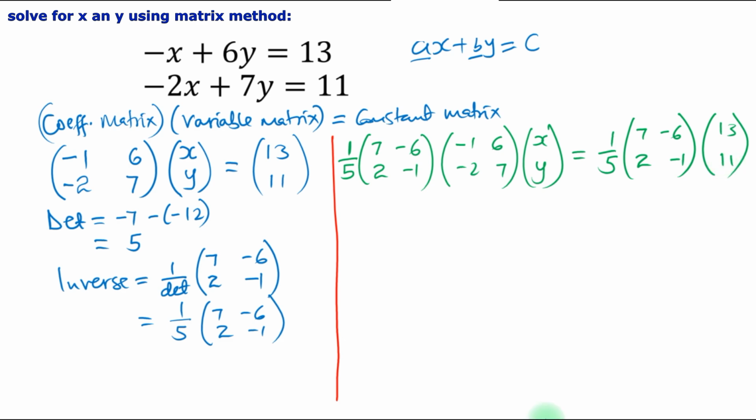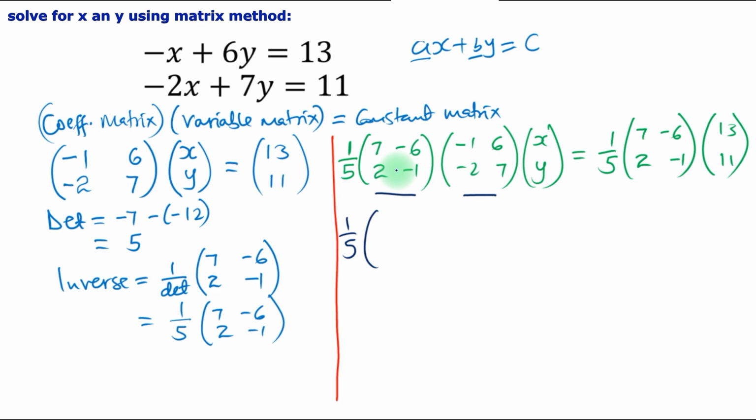Let us move on. Allow me to leave the fraction the way it is, then I multiply this matrix and this one, so I'll have 1 over 5. You know the steps on how to multiply matrices.